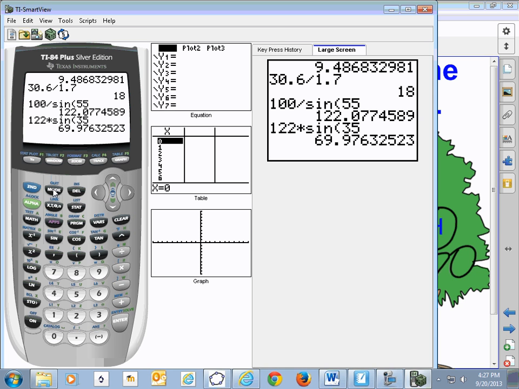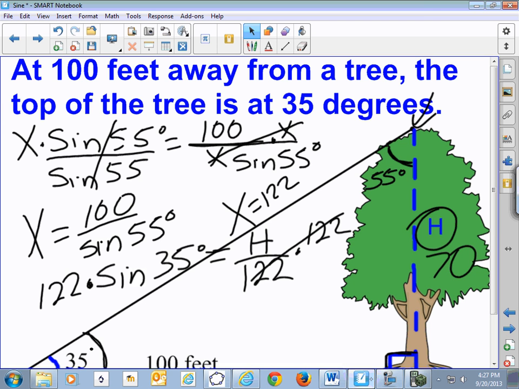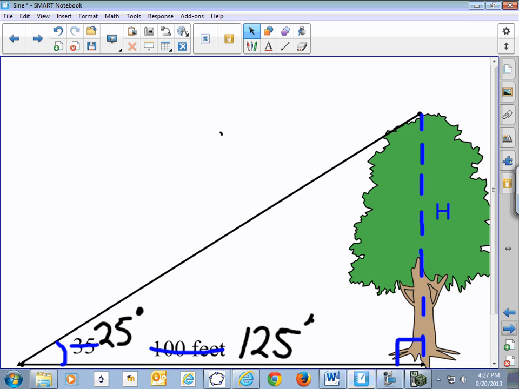Okay, should we do some more just for practice? Let's change things up so that the angle is 25 degrees and the distance is 125. So that means our other angle would have to be 65 degrees.